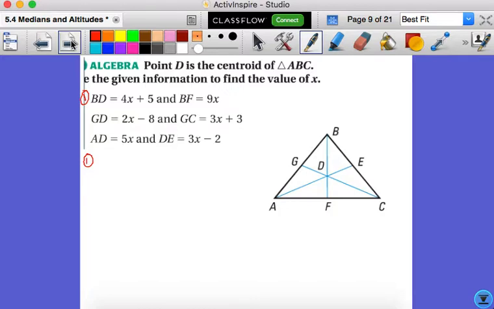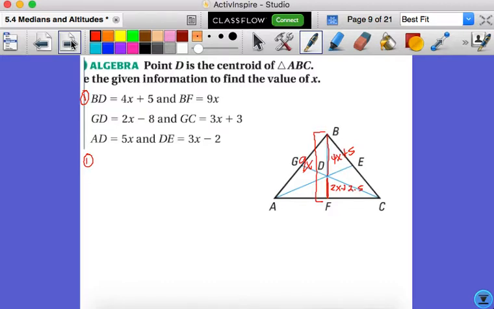So looking at number 1, I know B to D is 4x plus 5, and the total, B to F, is 9x. So labeling what I know, I've got 4x plus 5 and 9x. Since I know from the vertex to the centroid that's supposed to be the bigger part, if I take that and cut it in half, that means that this part should be 2x plus 2.5.